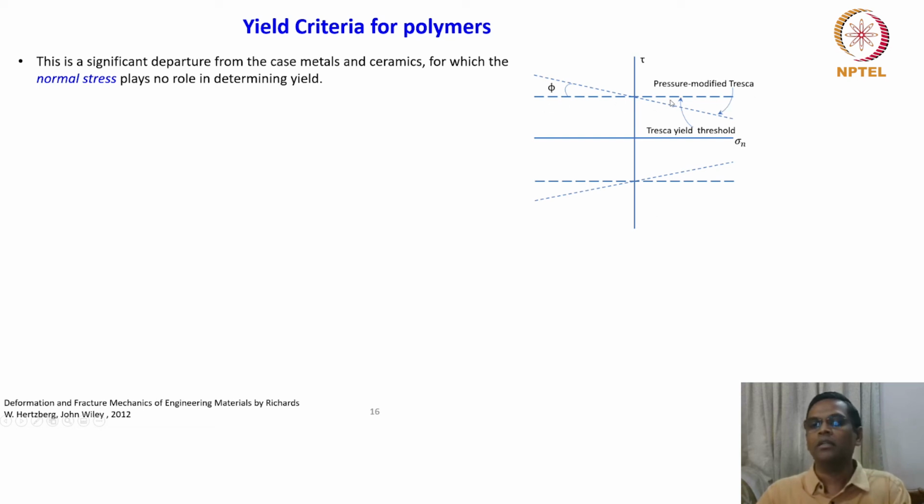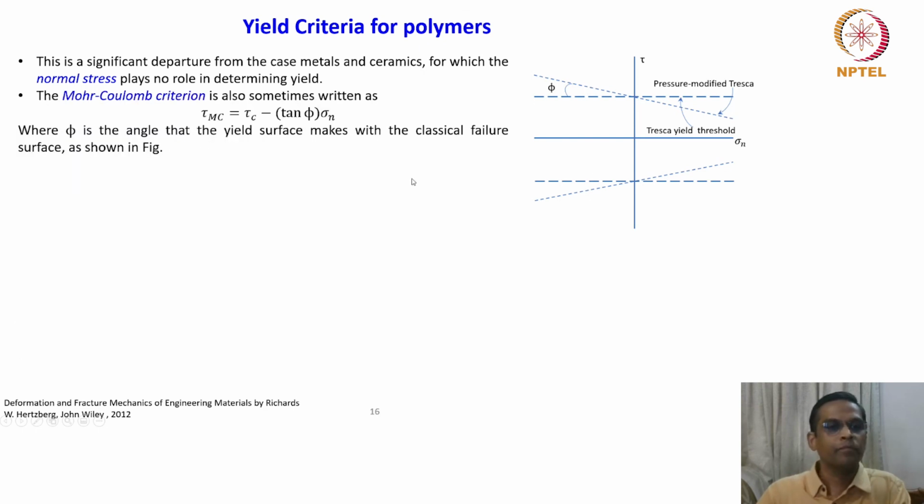The normal Tresca yield threshold is shown as a thick dotted line here, and this is tau, and this is sigma n. We have now put another slanting line, having an angle phi with respect to this horizontal line, and we call it the pressure modified Tresca.